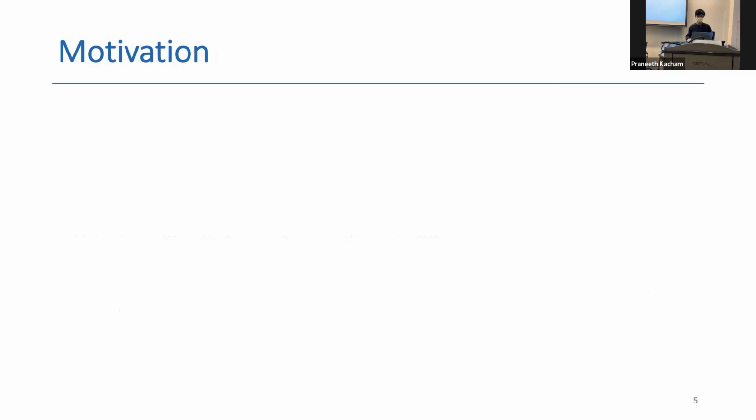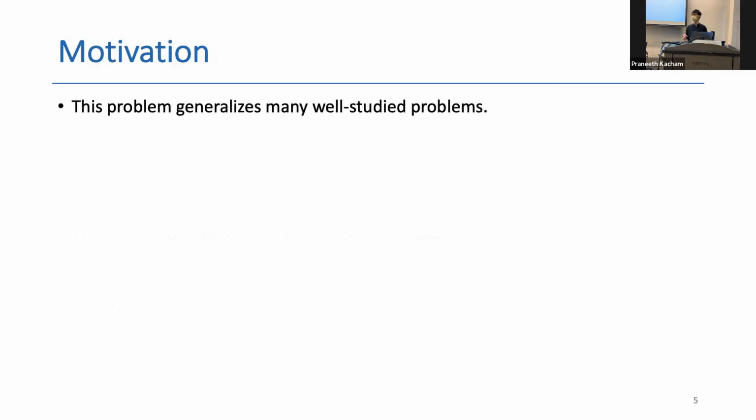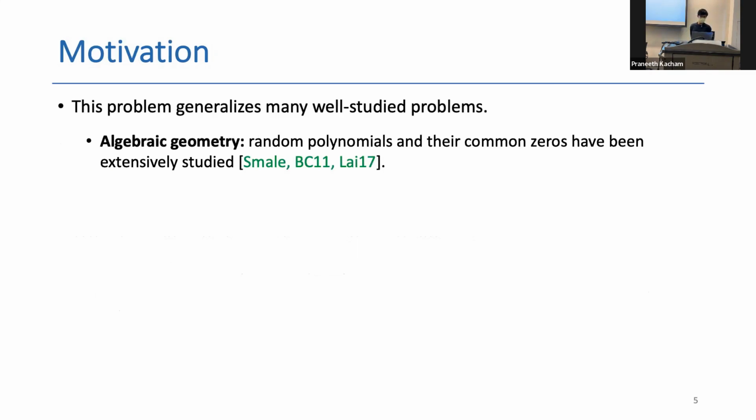Okay. So let's talk about some motivations for why we're studying this problem. First, in algebraic geometry, researchers have been very interested in random polynomial systems and their common zeros. It's been very well studied, so it's a natural problem for us to study.